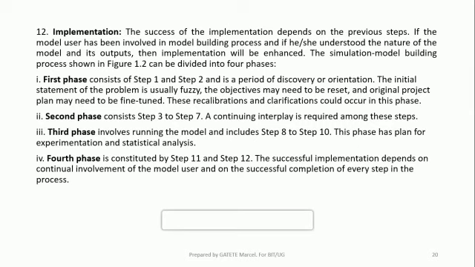If at each step the user is involved, it means that the final system will be enhanced, because the user will show you what the problem is, what must be done or not. The simulation model building process can be divided into 4 phases.